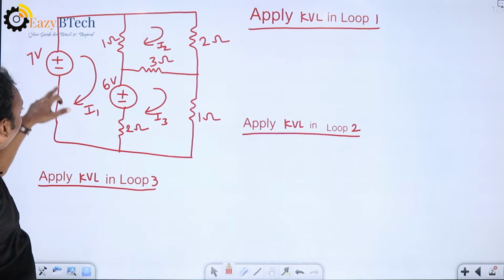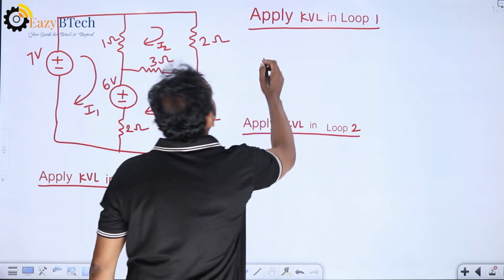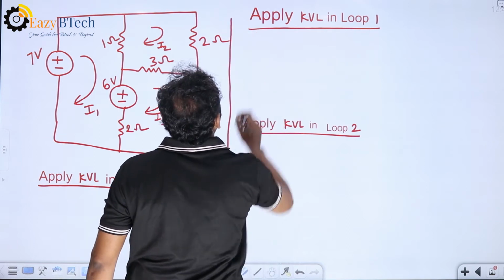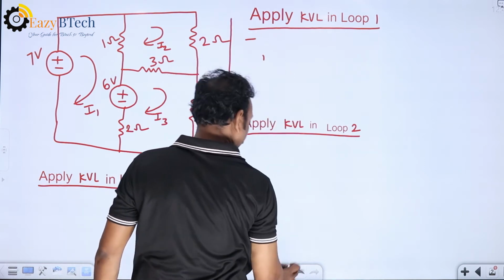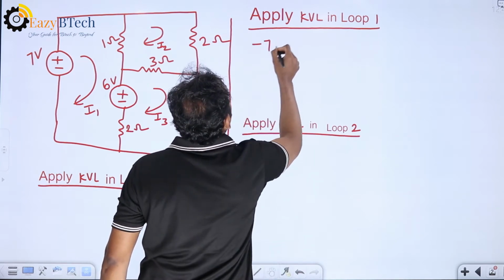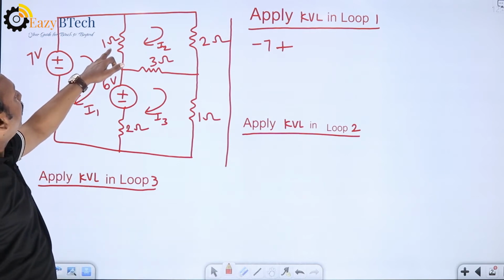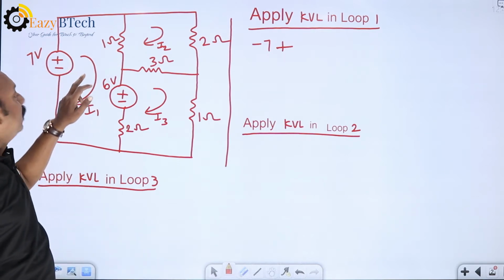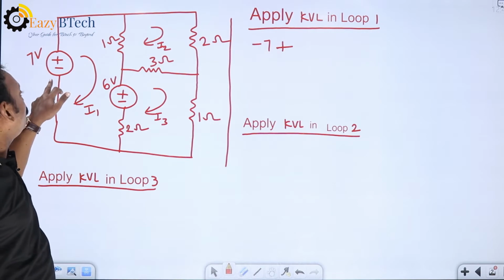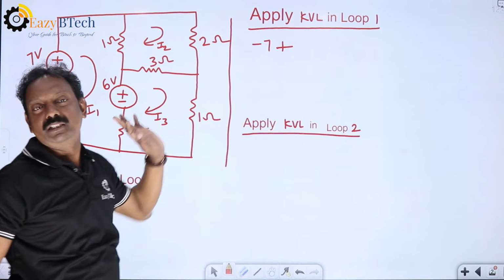Here current is entering negative, leaving from positive, so take minus 7. And what is the voltage across the source? This is 7 volts, but positive or negative? Because current is going from negative to positive, we took minus 7.